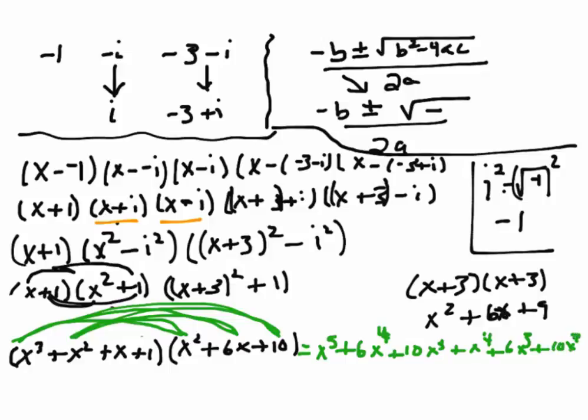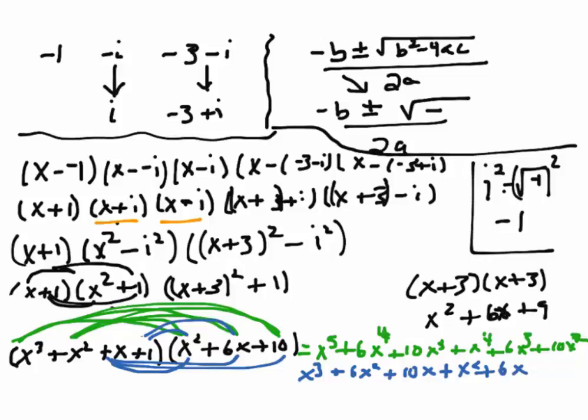Let's keep going here. Let's use another color just for the sake of keeping things as straight as we possibly can, and I have to wrap around to the next line. That would be x to the 3rd plus 6x squared plus 10x, and then the 1 times everything, so then I'd have x squared plus 6x plus 10.